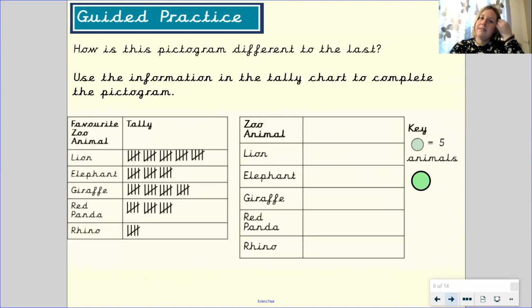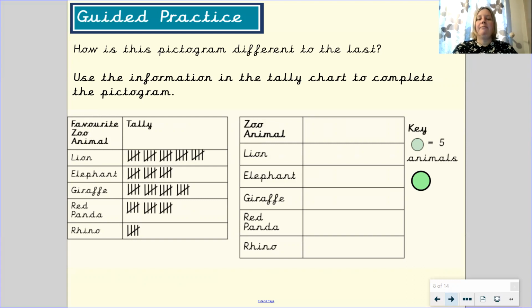Let's have a look at this question. How is the pictogram different to the last? Use the information in the tally chart to complete the pictogram. I want you to pause your video and see if you can spot what is different in the pictogram.